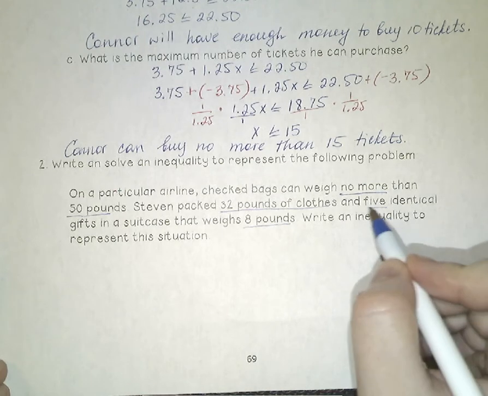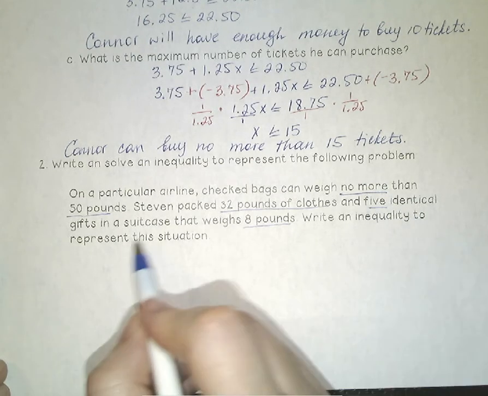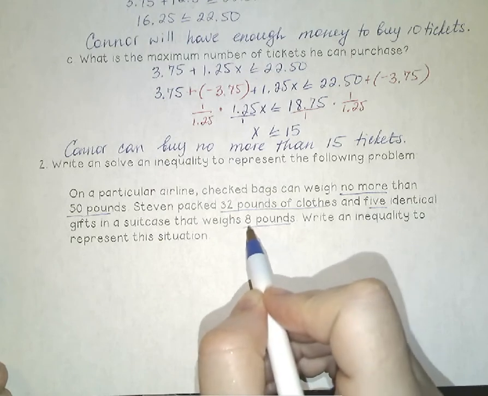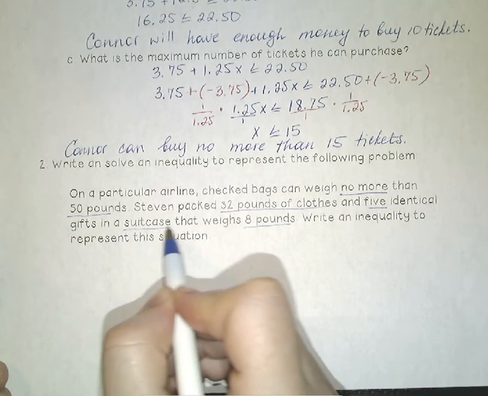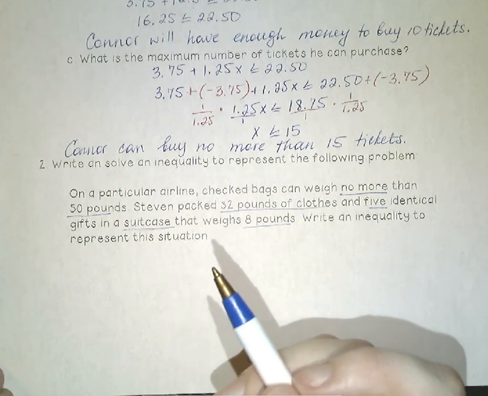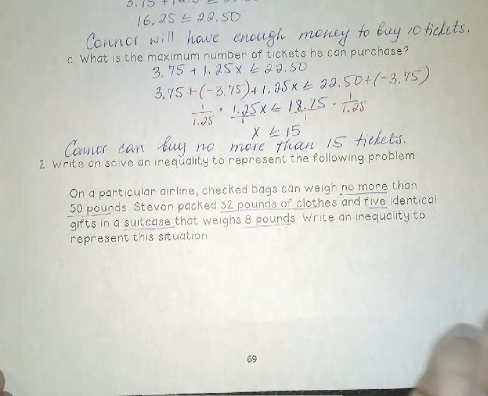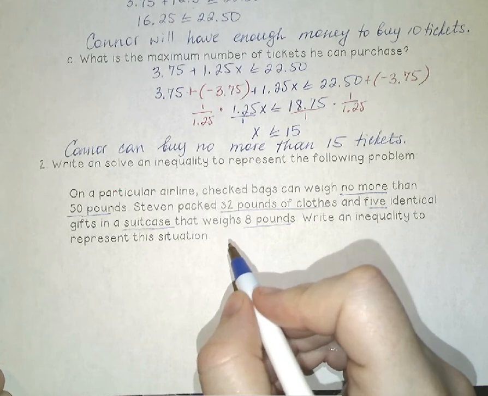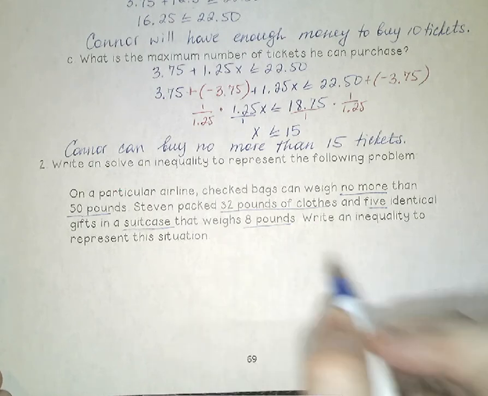So we have 5 gifts and we have 8 pounds for a suitcase, right? So we just need to write an inequality and then we can solve it, but we don't have a question here. I guess the question got missed.